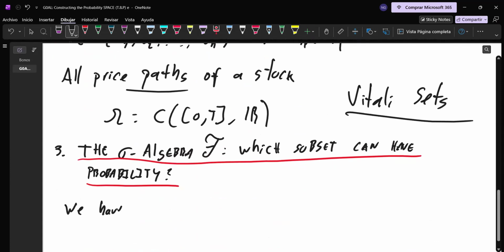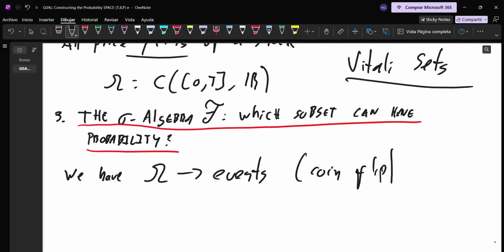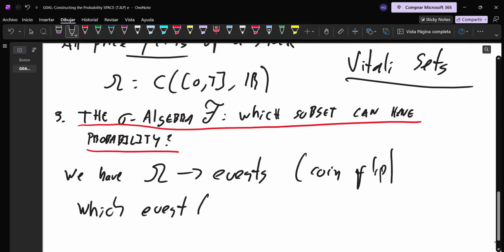So we have omega, the events, a coin flip for example. And then my question is: which event, which subset of omega, can have probability?